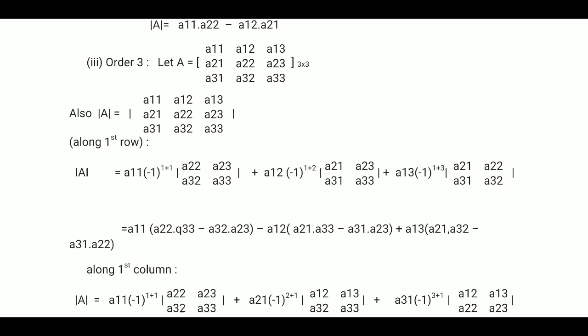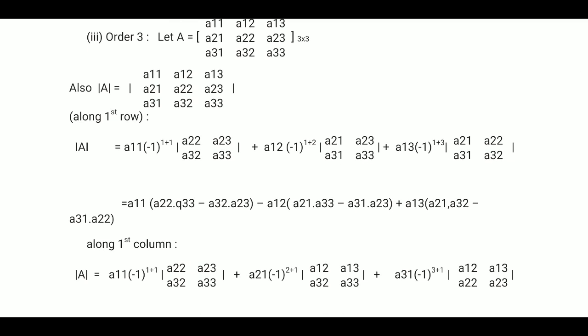Plus we'll take the second element of first row, that is A12. A12 multiply minus 1 power 1 plus 2, that is minus 1 power 3, multiply the determinant obtained by leaving first row and second column, we get A21, A23, A31, A33.